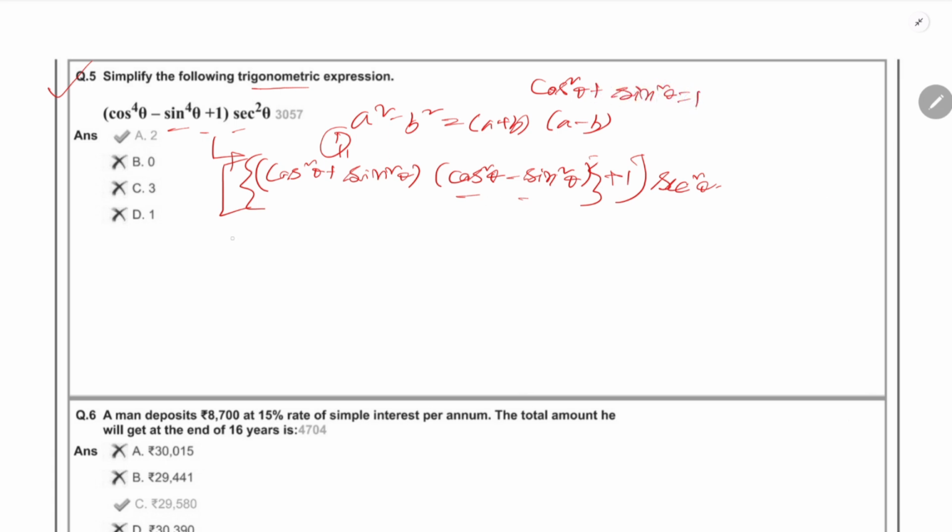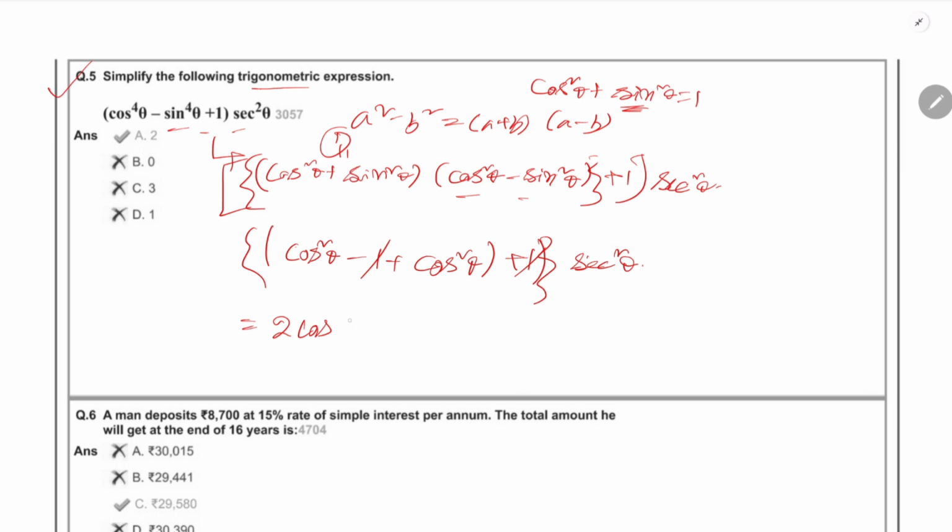So substituting this, sin square theta is equal to 1 minus cos square theta, so the value will be cos square theta minus 1 plus cos square theta plus 1 by sec square theta. Now if we open the bracket, this will cut, and 1 by sec square theta is equal to cos square theta. So it is 2 cos square theta, option A is correct.